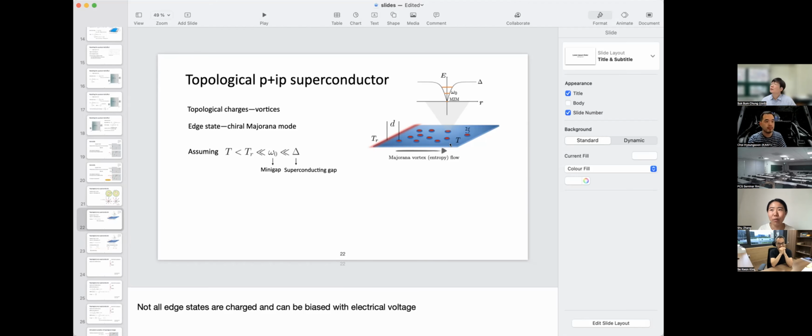And then when two vortices get close to each other, there is a similar effect of hybridization where a Majorana can hop between vortices, and that's an interaction effect we didn't account for. I see. So in other words, annihilation between a pair of vortices is something we need to worry about in the p plus ip superconductor that we didn't need to worry about in the quantum Hall case. Yes, that's correct. Okay. Thank you very much.